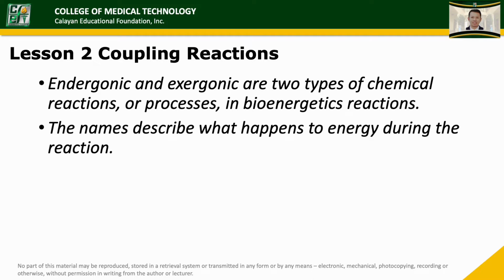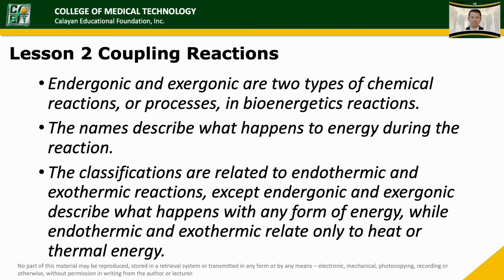The names describe what happens to energy during the reaction. The classifications are related to endothermic and exothermic reactions, except that endergonic and exergonic describe what happens with any form of energy, while endothermic and exothermic relate only to heat or thermal energy.